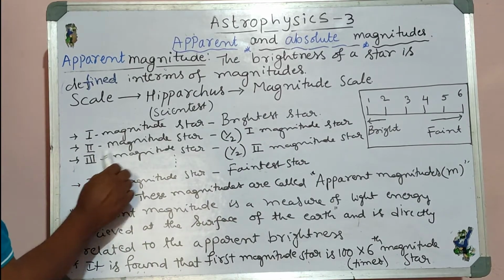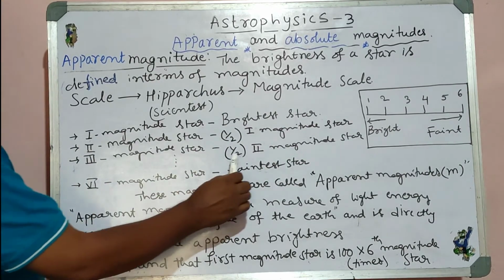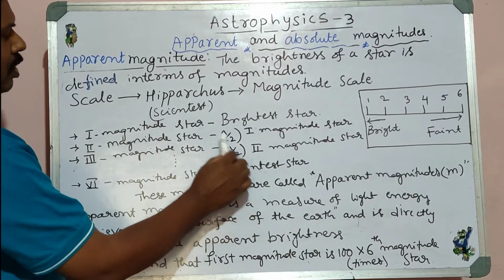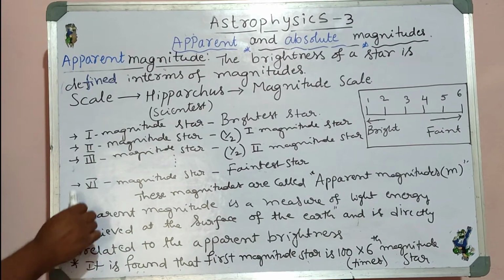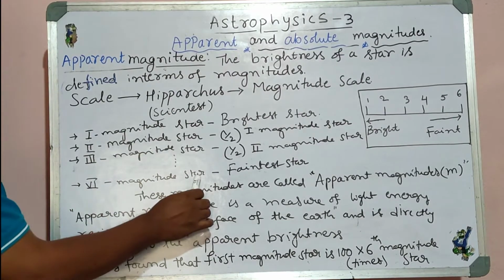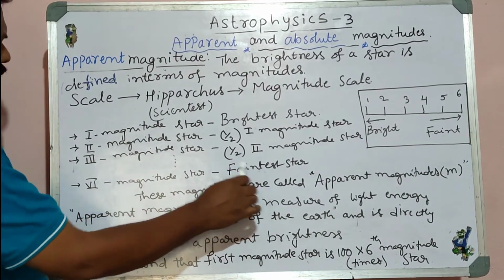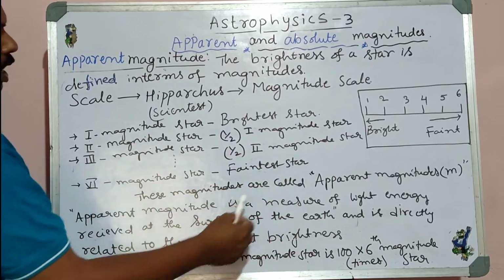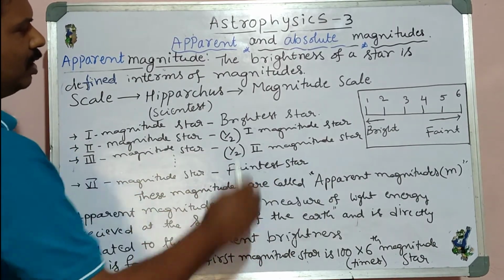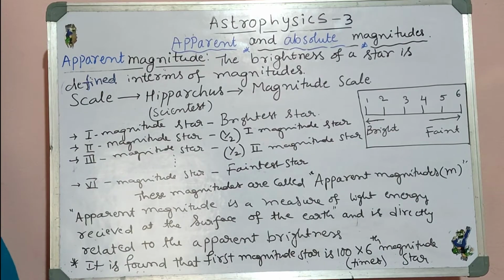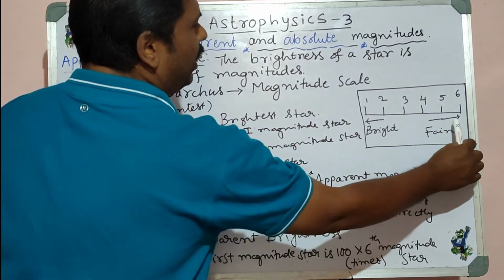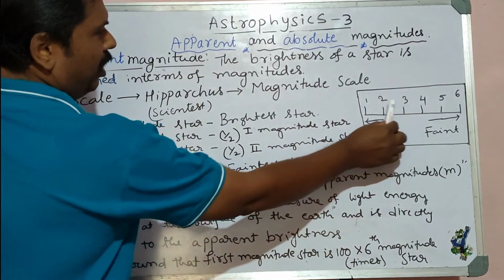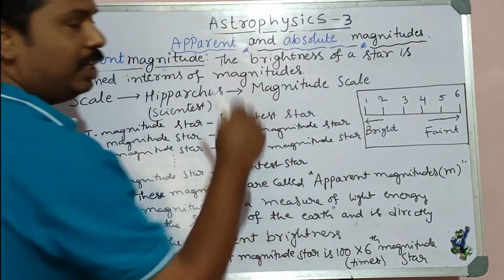Likewise, the third magnitude star has half the brightness of the second magnitude star. Like this, if you go on, the sixth magnitude star is half of the fifth magnitude star, that is the faintest star. Therefore, as the number increases, the brightness decreases. As the number decreases, the brightness increases.